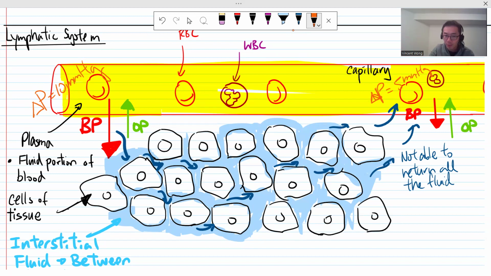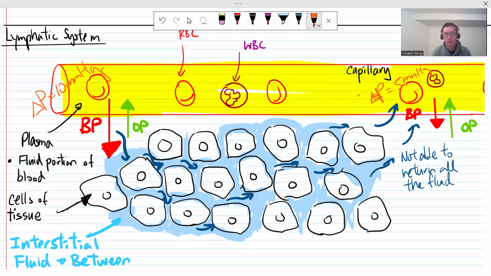That's going to be a problem, because now all this fluid is building up in the tissue. If we don't find a way to drain it, it's going to keep building up, and the tissue will swell up. You're going to have edema, the word that we just learned before the break.